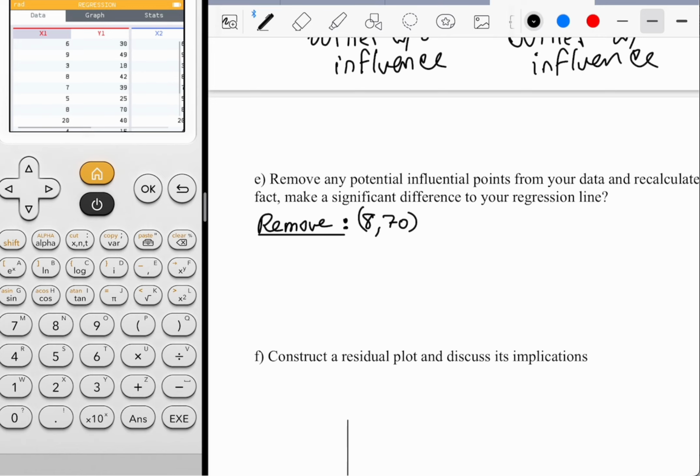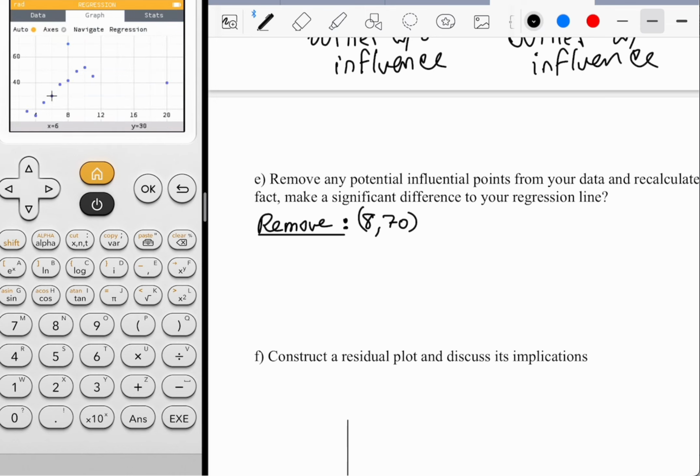The change in the slope is the more important, in the long run, that has more of an effect on the nature of the function. So I'm going to take out the 870, and then I'm going to recompute. Fortunately, recomputing just means do the same thing we did before. So now, I got to put the right graph on.